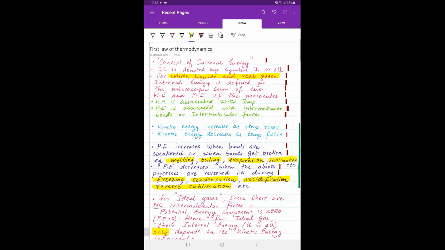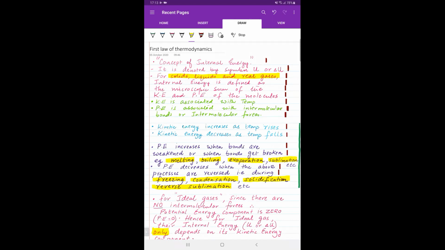So it will increase and decrease with the temperature. So as the temperature rises, kinetic energy will increase, and as the temperature drops, kinetic energy will decrease. Similarly, potential energy changes when there is a change in state. So during melting, boiling, evaporation, and sublimation, when you have to provide energy, that is when the potential energy component will increase.